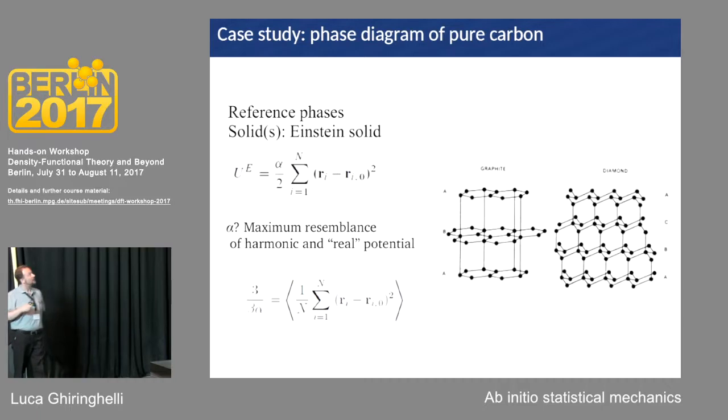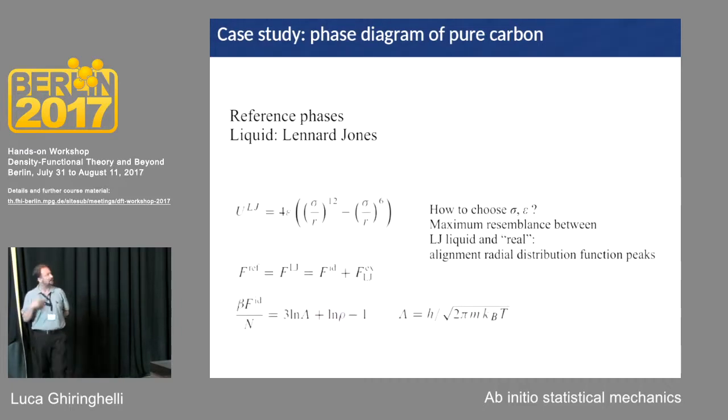For the solid, we use the Einstein solid, for which we can write the free energy, and the coupling between the Hamiltonian that we use and the Einstein solid is given by the displacement of the atoms in the harmonic potential. So one can measure this displacement in the actual potential and then find the harmonic spring that does it. Okay, it's a bit of technical detail, just to say that one has to try to couple the system as close as possible, and I will show why in the next slide.